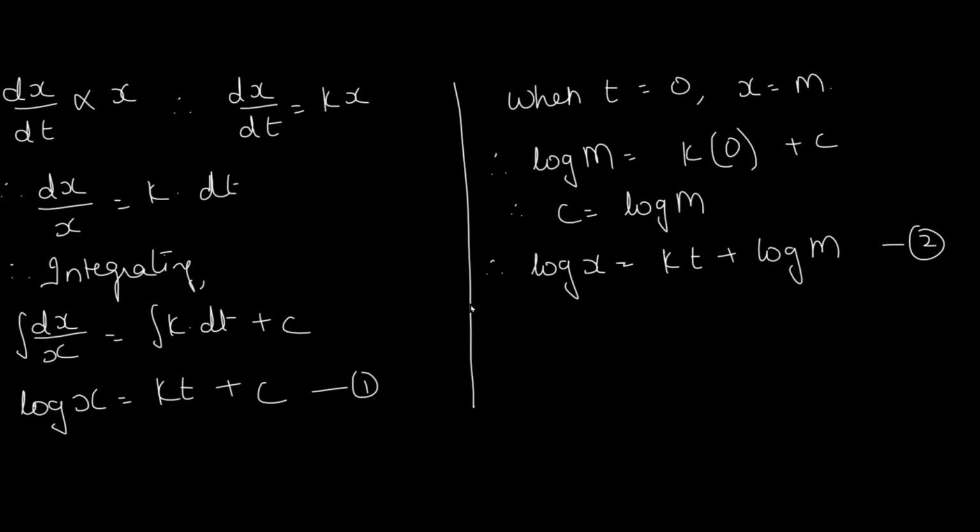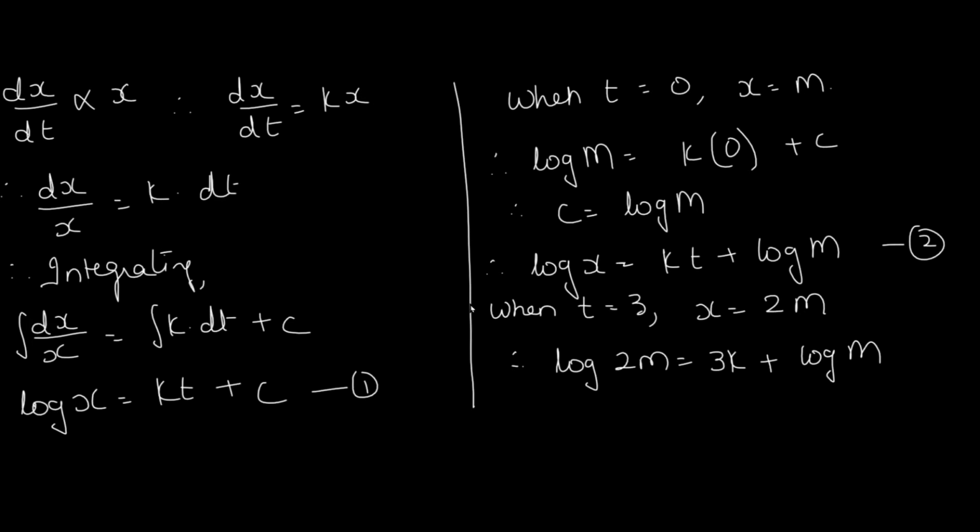Now they have given us that in 3 hours the bacteria doubles in number. Use your textbook. So when t is equal to 3, x becomes double. Initially m number of bacteria were present. Now x becomes 2m. And therefore we have log 2m is equal to 3k plus log m.